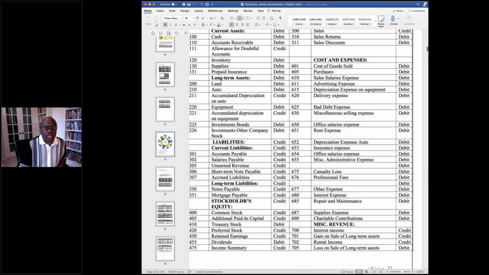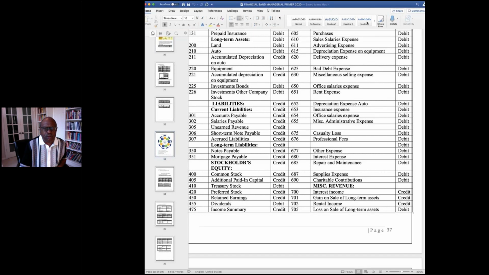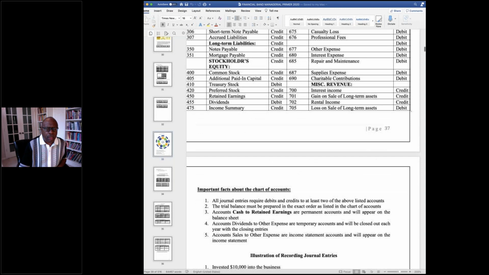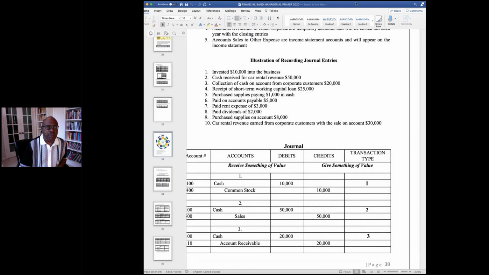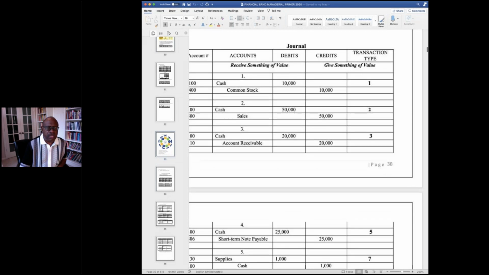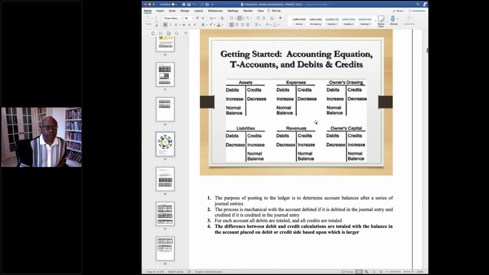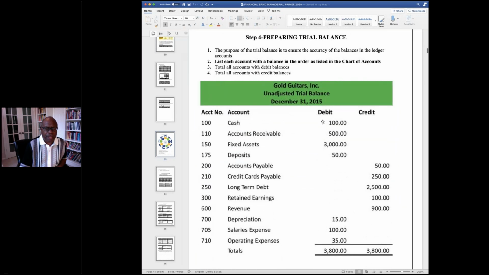Now, if you will remember, we worked on a problem and we made journal entries. We posted them to the ledger. We prepared the trial balance.